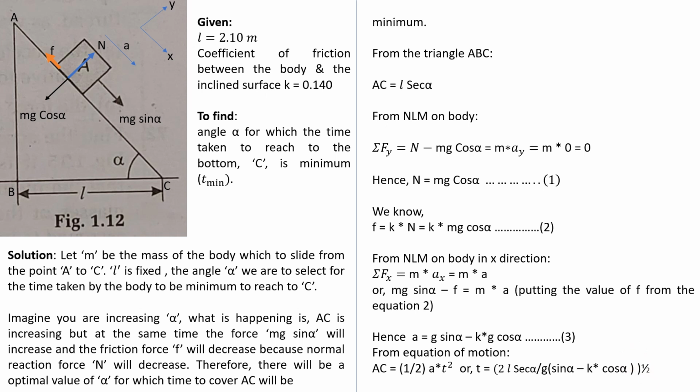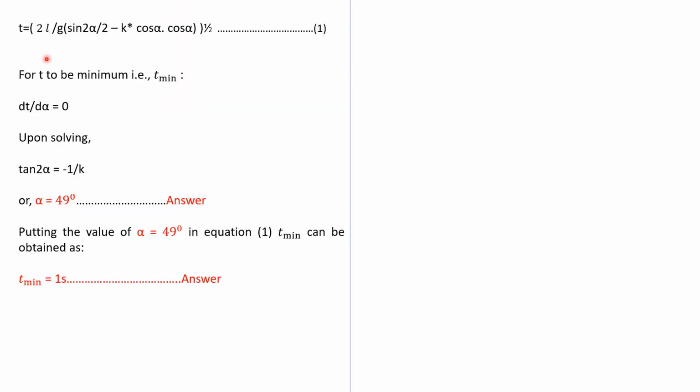This is the equation you obtained, time as a function of alpha. Now from mathematics, you know that if you differentiate time with respect to alpha and equate it to 0, you will get the minimum time. So you do dt by d alpha and solve it.